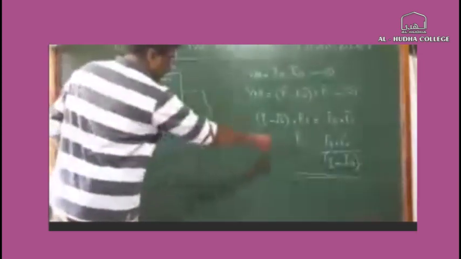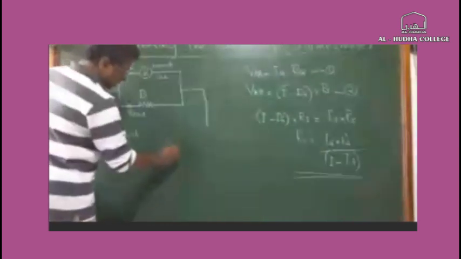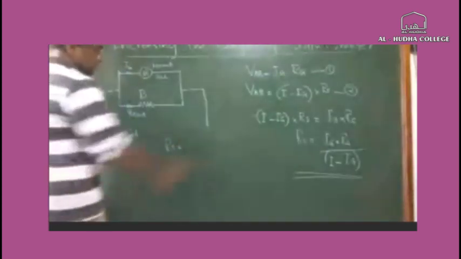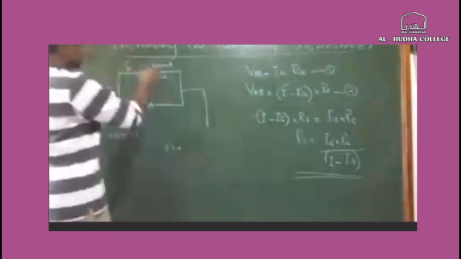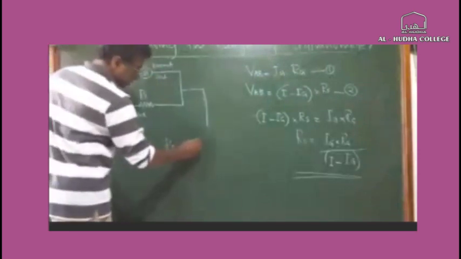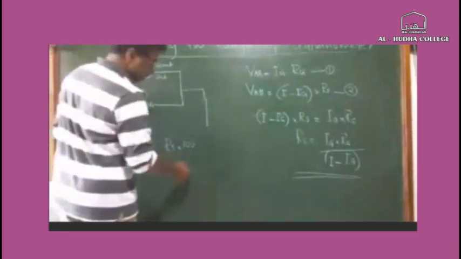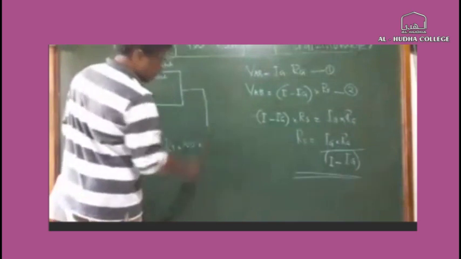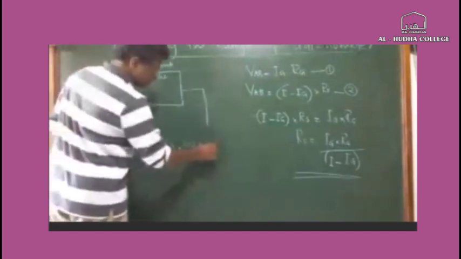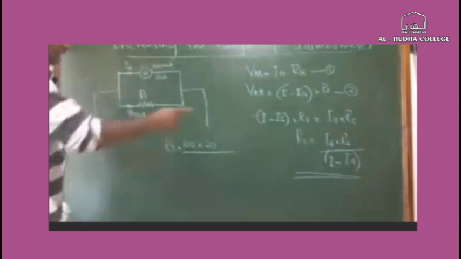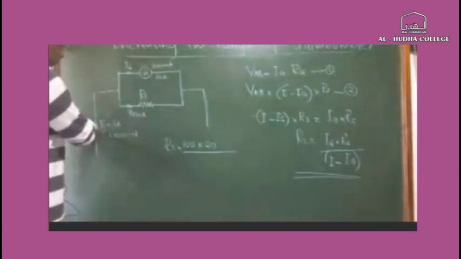So if you substitute this in this equation, Rs at full scale deflection is Ig, the full scale deflection current, 100 milliamps. I'll put everything in milliamps so that you don't have to multiply by 10 to the power minus 3. Into Rg, which is 20, divided by I minus Ig. I is the external current to be measured, that is 1000 milliamps, minus Ig, that is 100 milliamps.